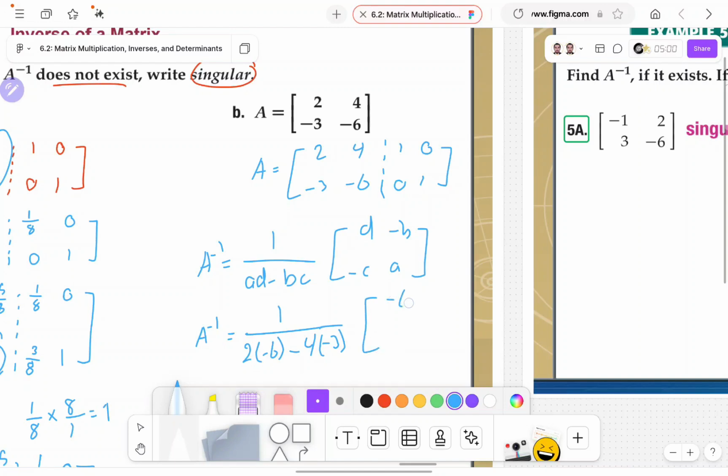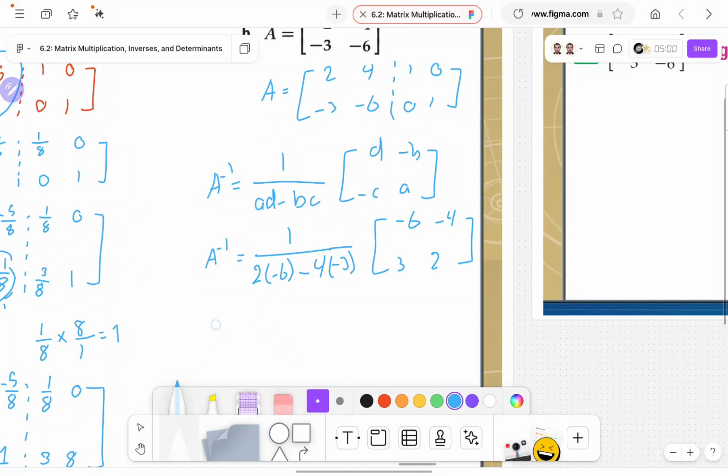Then we switch negative 6 to negative 4 and positive 3. Now, let's simplify. A inverse is equal to 1 over negative 12, and here it will become positive 12. Then we keep the same thing.